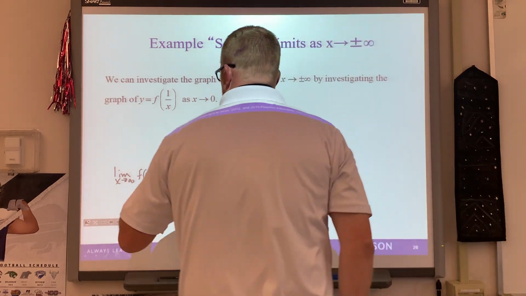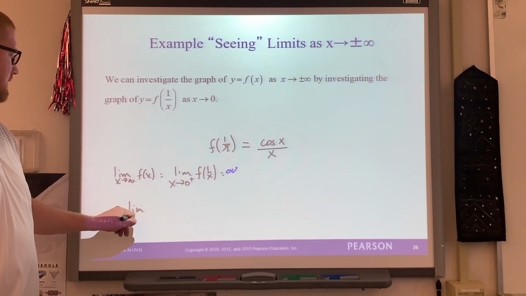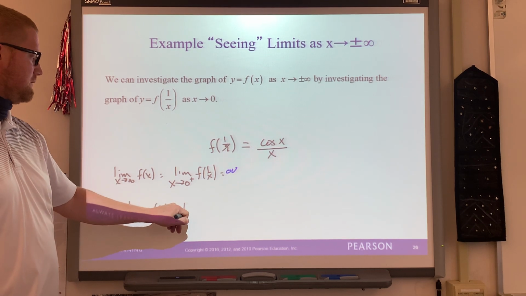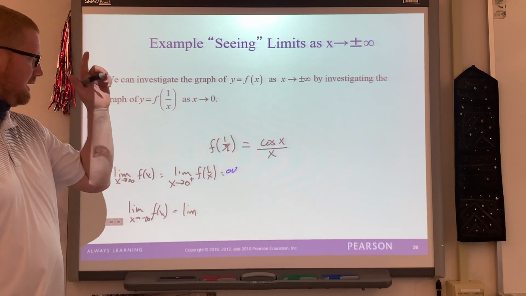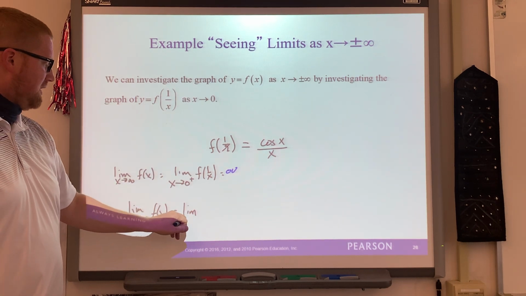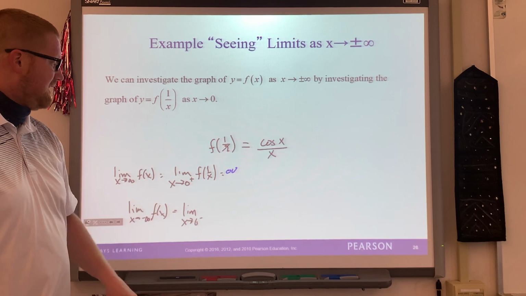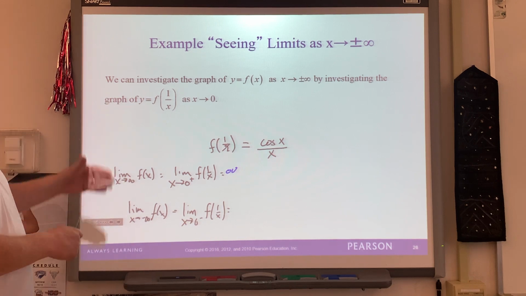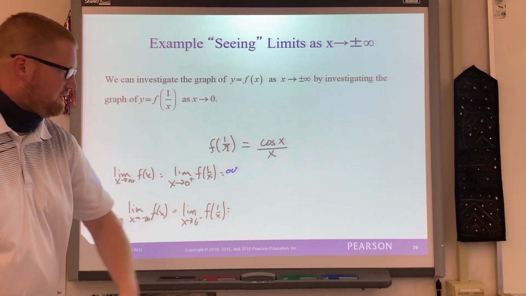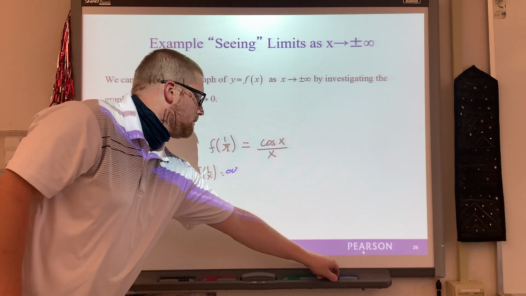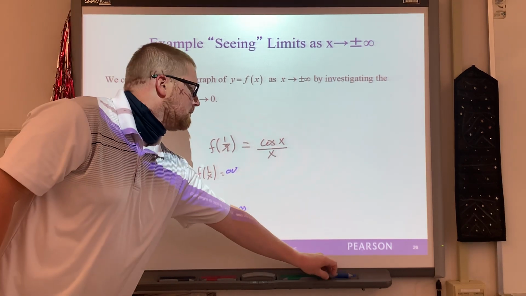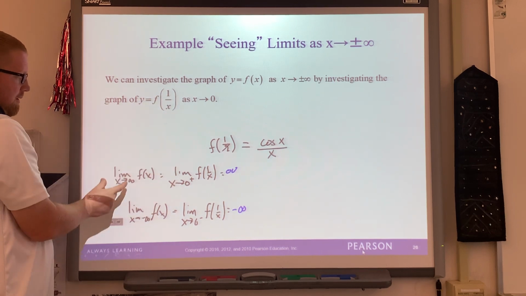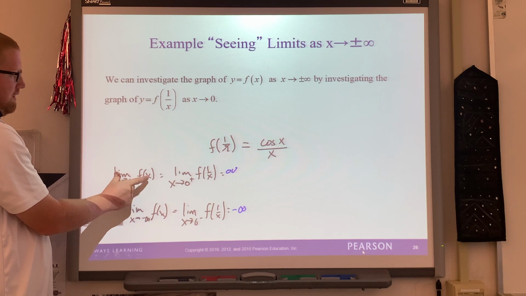And then the limit as x approaches 0 from the left of this, using this little trick of being able to see infinite limits, was, again, kind of oscillating and then shooting off down to negative infinity. Negative infinity.